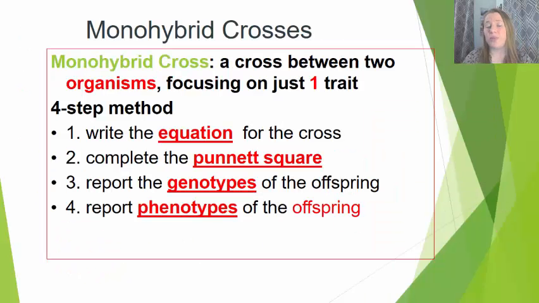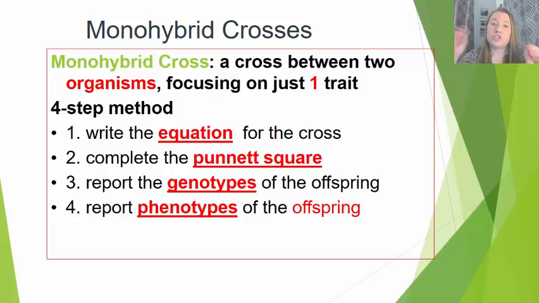Now we can predict what the offspring will look like by doing this thing called a monohybrid cross. Now a monohybrid cross is a cross between 2 organisms, but we're only focusing on one trait. We use 4 steps to figure this out. The first step is writing out the equation of the genotypes for each of the parents.